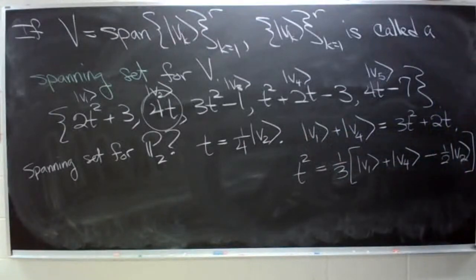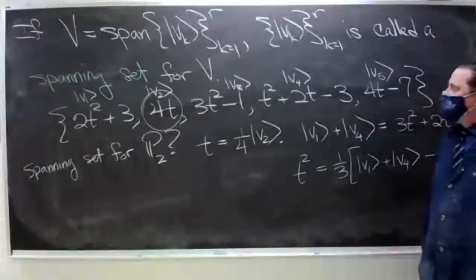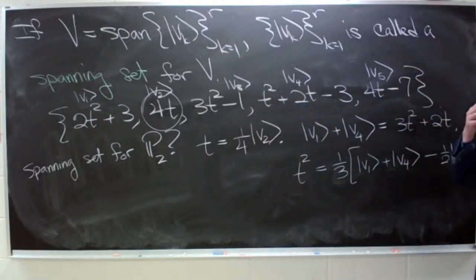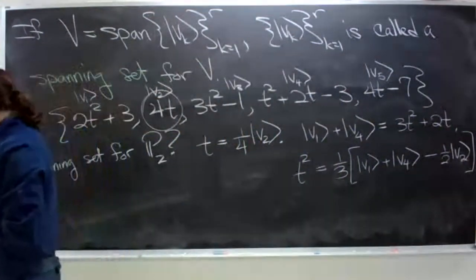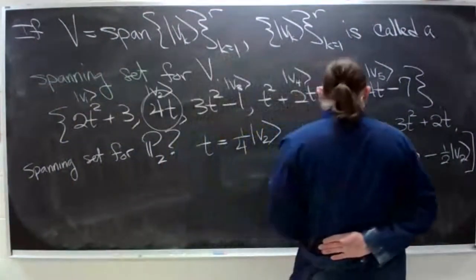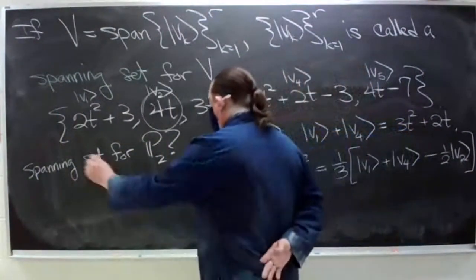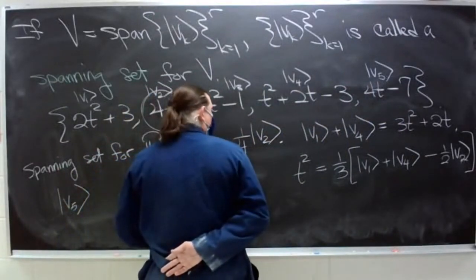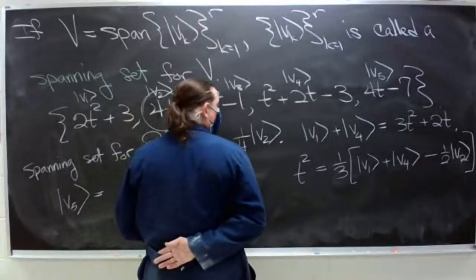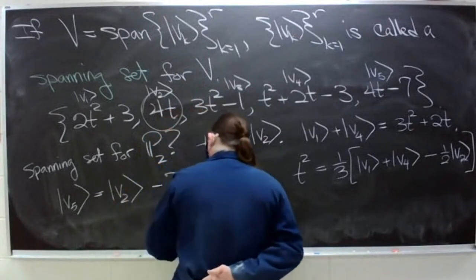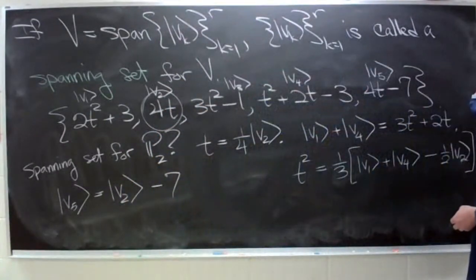I've involved so far vectors 1, 2, and 4. If I look at vector 3 or vector 5, I can get 1 from either of those. So for example, v5 is equal to 4t minus 7. So that's v2 minus 7.